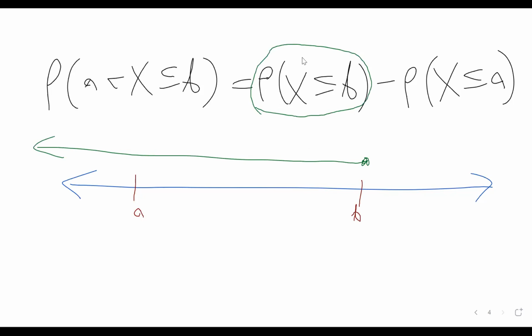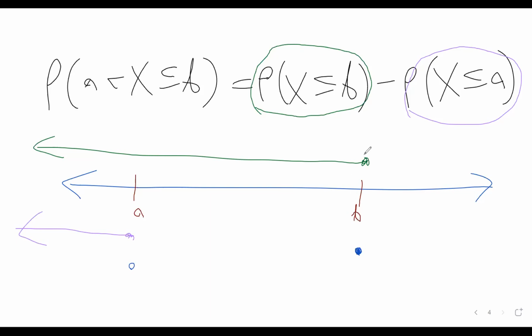Now if you subtract the probability of X being at most little a, the purple region, what you're left with is the chances of it being in the blue space, where it doesn't include the left endpoint but does include the right endpoint.